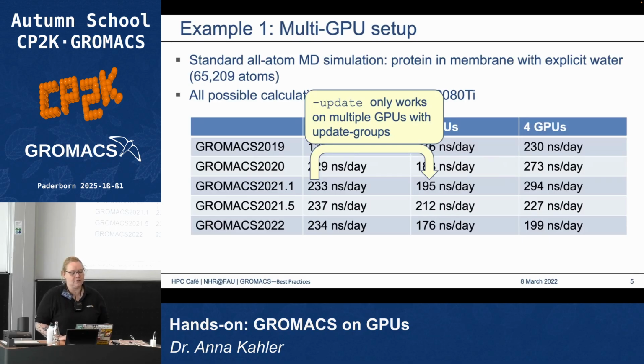The problem here is that the update flag only works on multiple GPUs if you also have update groups available. Constraints on all bonds, for example, don't allow you to put the update calculations on the GPU. You have to run them on the CPU, and that automatically slows down the performance. It increases the performance a bit for 4 GPUs, but it is still not the same as for a single GPU.